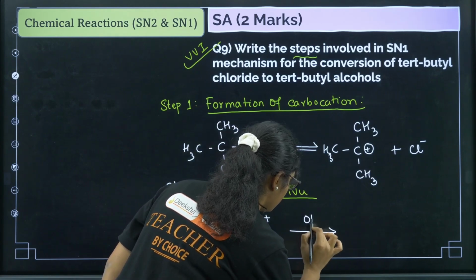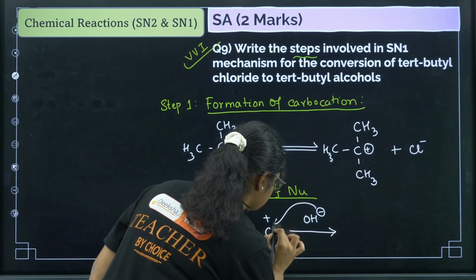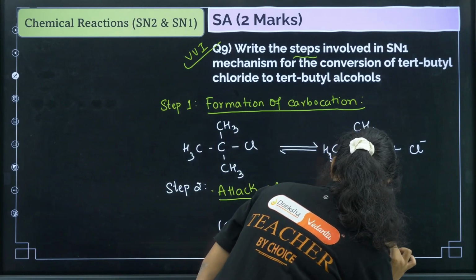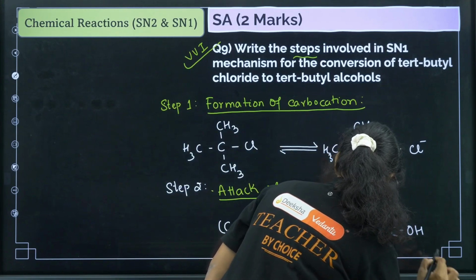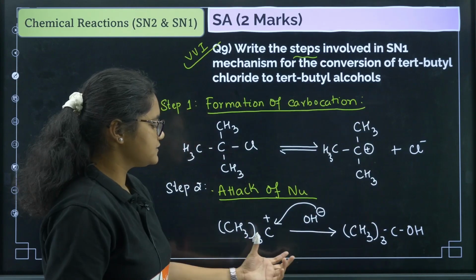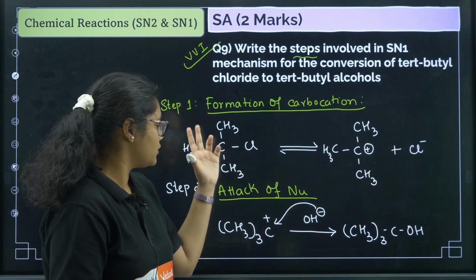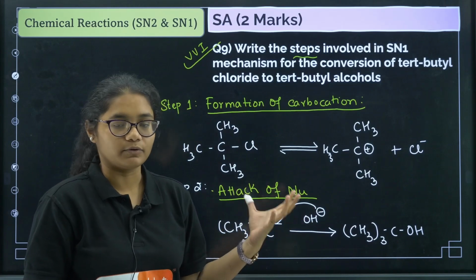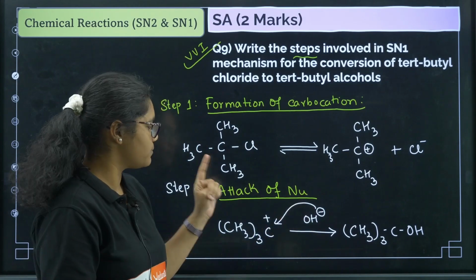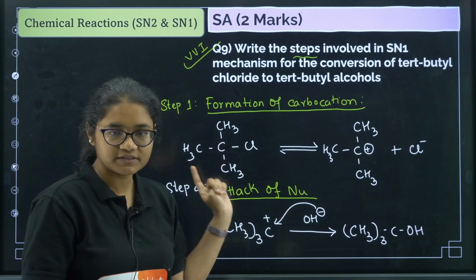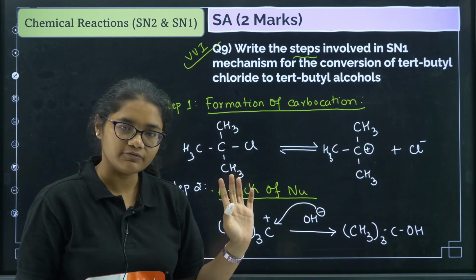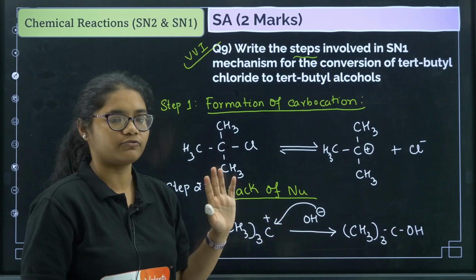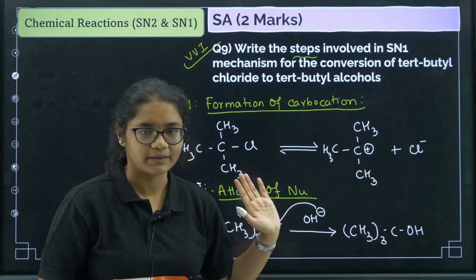Then you can show OH minus attacks this one, and we get (CH3)3C-OH. Now this is not an optically active compound. Why is it not optically active? For optical activity we need all 4 groups different. Here all the 3 groups are same, so it doesn't matter whether you attack from here or from the back side. Okay, you can just write down this mechanism.